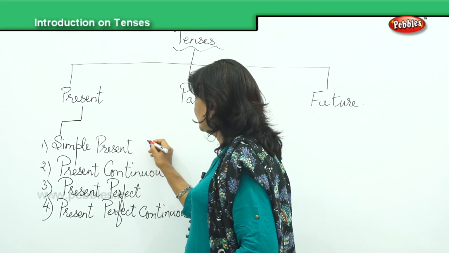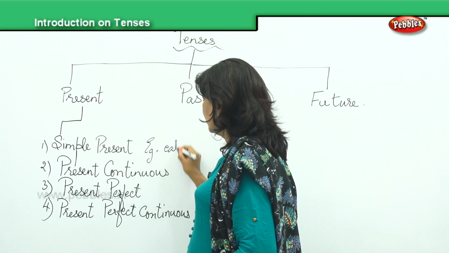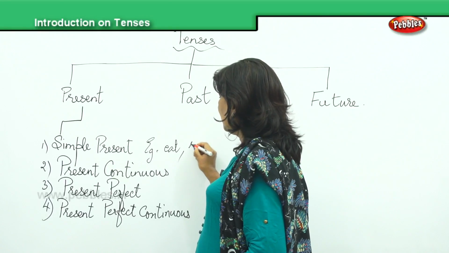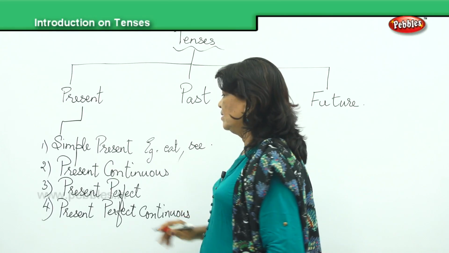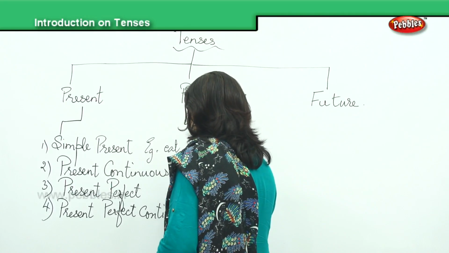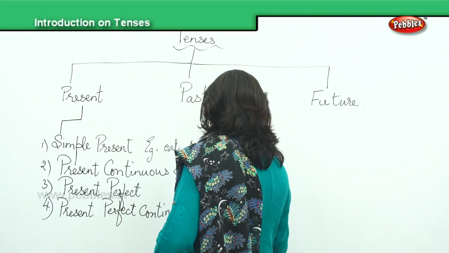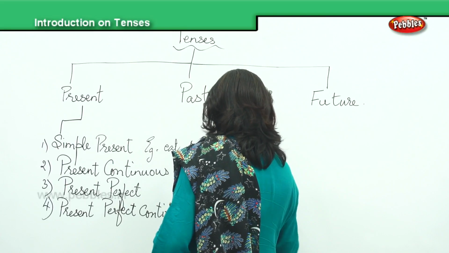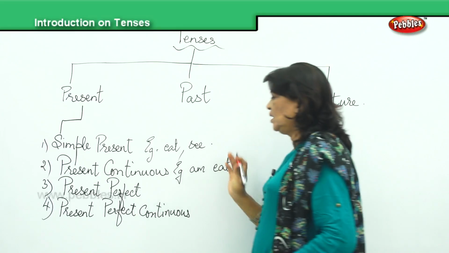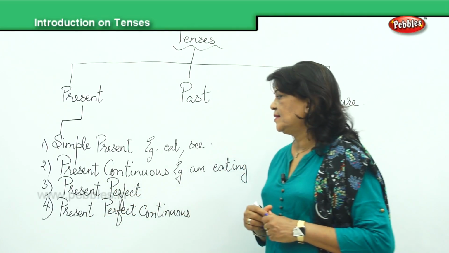So, simple present example, eat, see, etc. Present continuous, am eating, etc. Am seeing, etc.